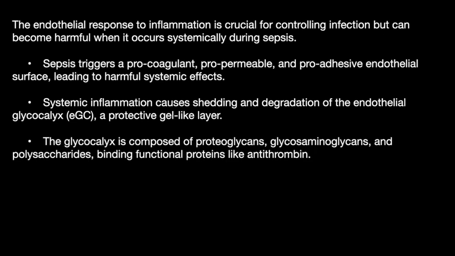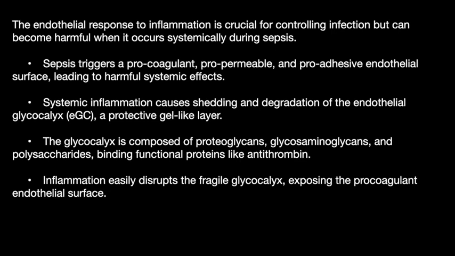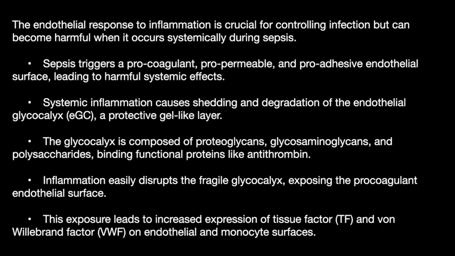The glycocalyx is composed of proteoglycans, glycosaminoglycans, and polysaccharides, binding functional proteins like antithrombin. The inflammation easily disrupts the fragile glycocalyx, exposing the procoagulant endothelial surface to the inflammatory and coagulation agents.